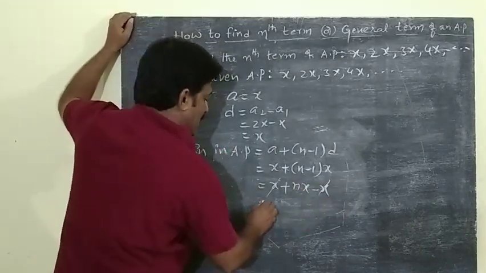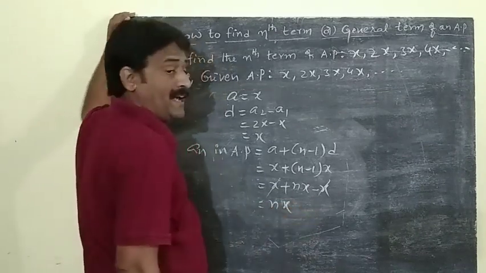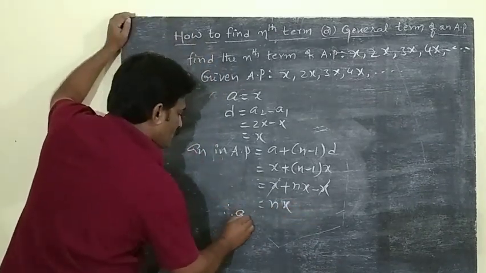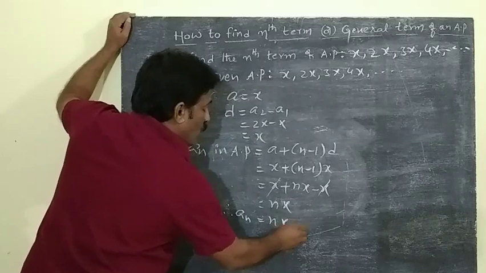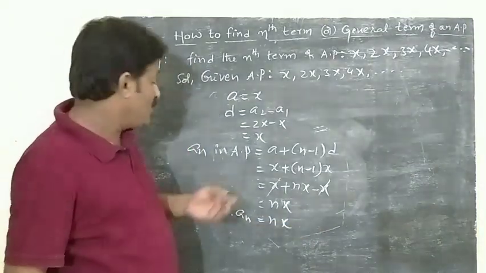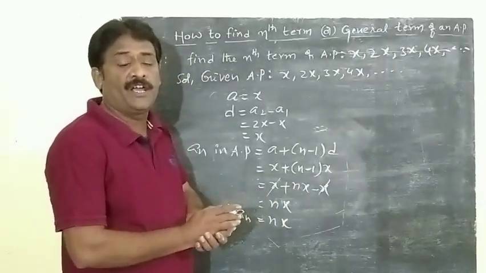The x and minus x cancel, so an is equal to nx, the nth term of the given AP.